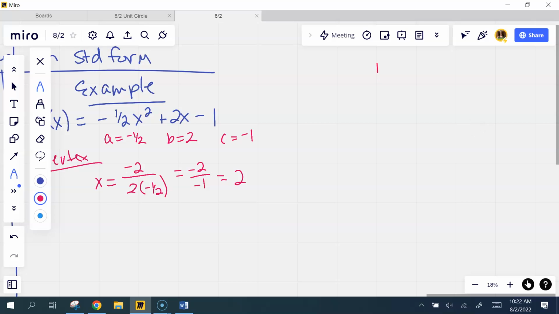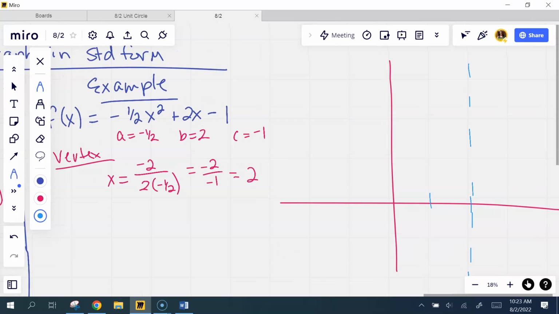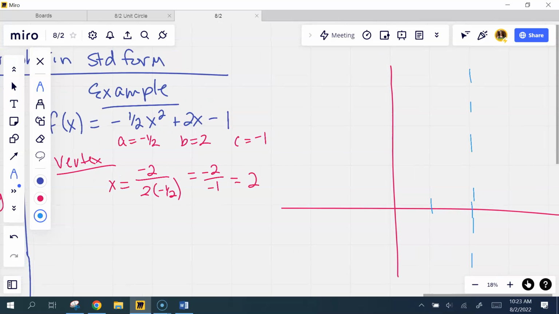Don't freak out on me if you're still there. 1, 2. I'm just going to dash in my axis of symmetry. You do not have to draw the axis of symmetry on your graph, but it will help you as we go to locate the vertex. And to know that that is my line of symmetry that is going to divide my parabola into the same on either side.